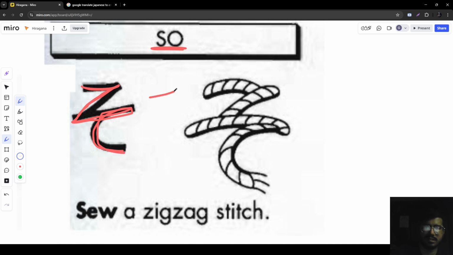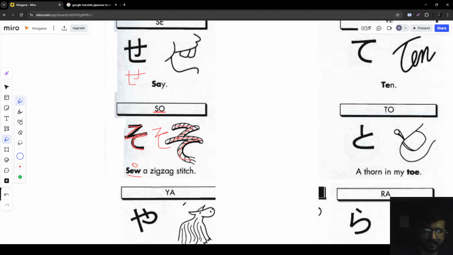So it is a zigzag sew, not a straight direction. It follows a zigzag, and you sew it in a zigzag manner. Remember it that way. If I could draw here, yeah, this is so. Although don't remember it as sew, it's so, so replace ew by so.